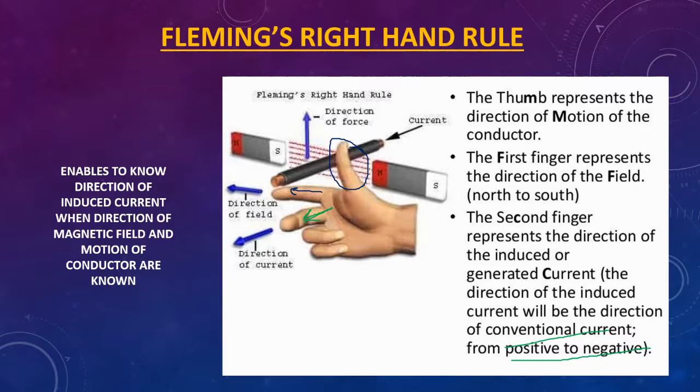Fleming's right hand rule shows the direction of the conventional current. So we have to know the direction of the magnetic field and the direction of the motion of the conductor. When these two are known, the direction of the induced current will be shown by the second finger. This is Fleming's right hand rule.